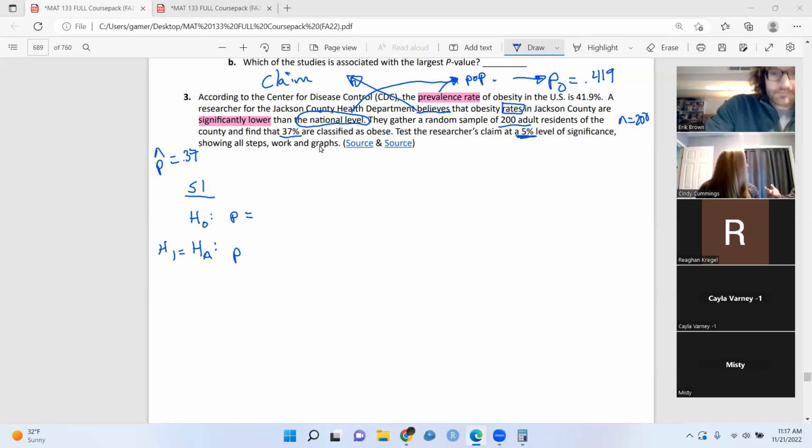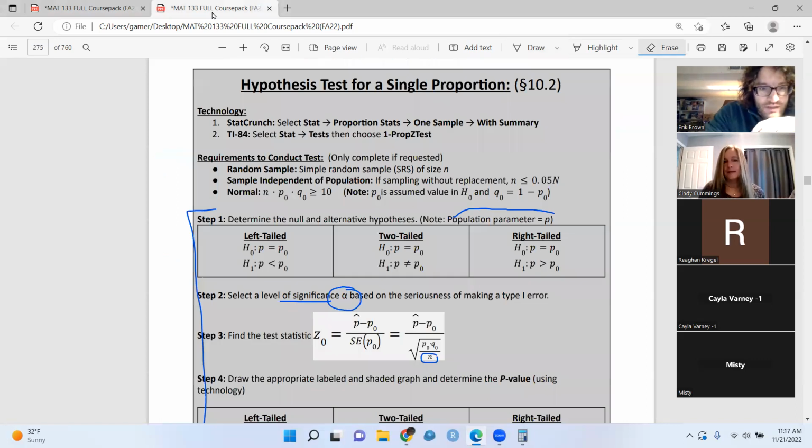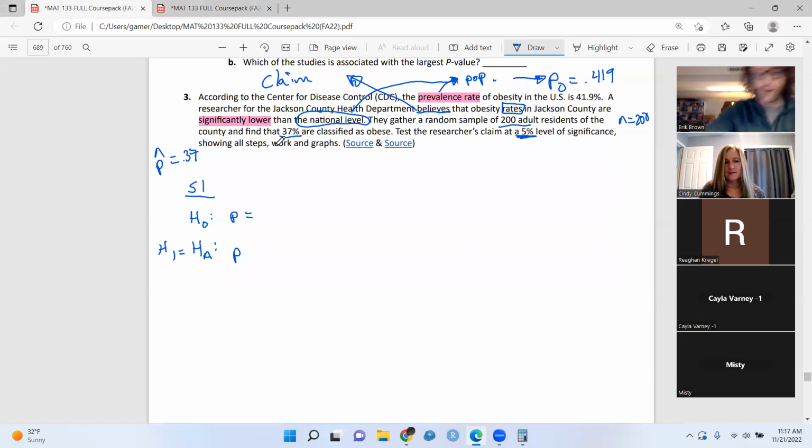Love it, Kayla. Let me make sure I remember, because I don't remember left tail. I remember less than and greater than. Yeah, nailed it. Okay. So as I'm sure Cindy told you, but it always bears repeating, if you want to make sure you've written this down correctly, make sure that these two numbers match. Now, whether you write it in percent form or decimal form doesn't particularly matter.